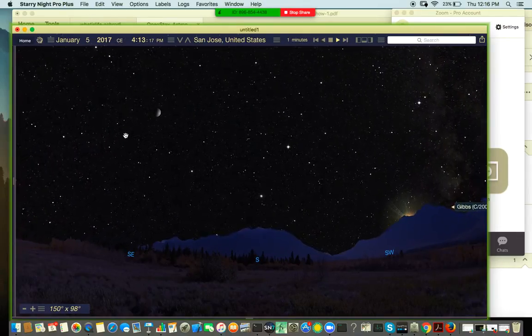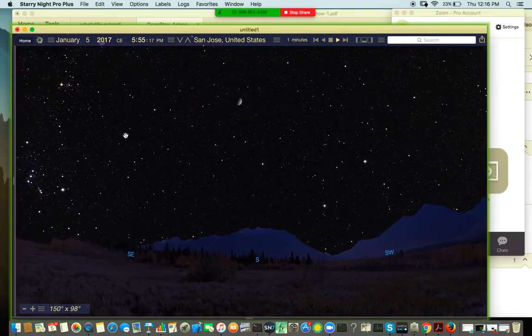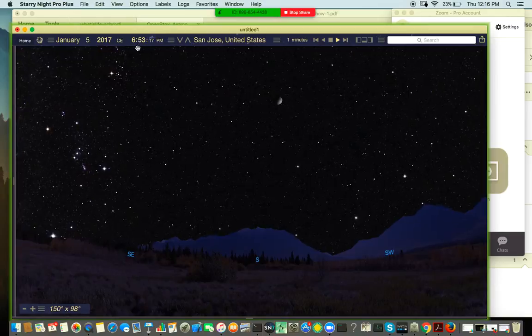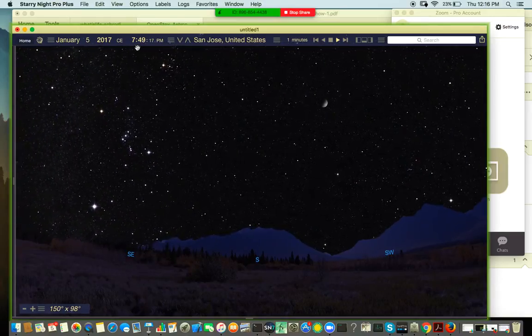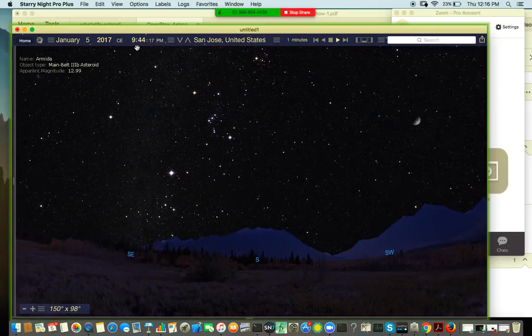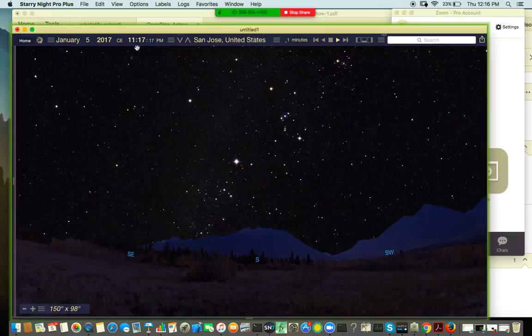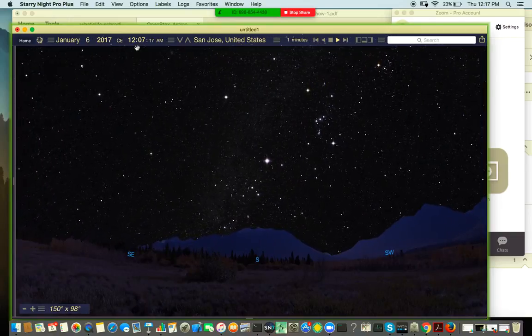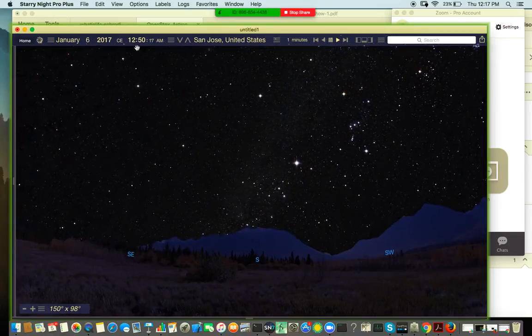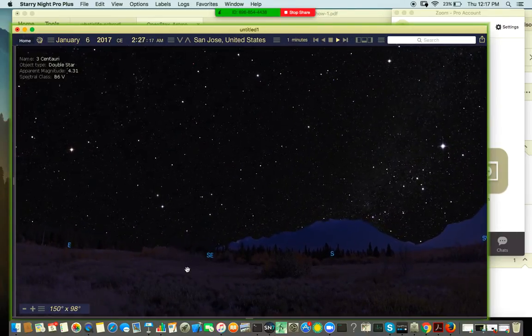We are in San Jose facing south. And the time now is going wild. As you can see, it's 8:30 basically. But what we see is slowly and surely, and in a very predictable way, stars rising in the eastern part of the sky.